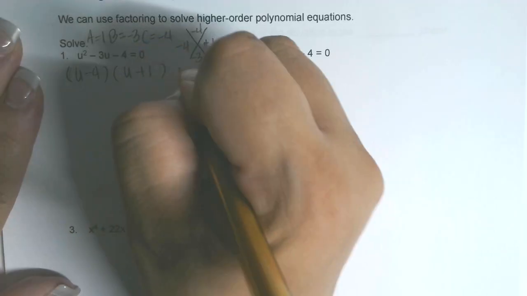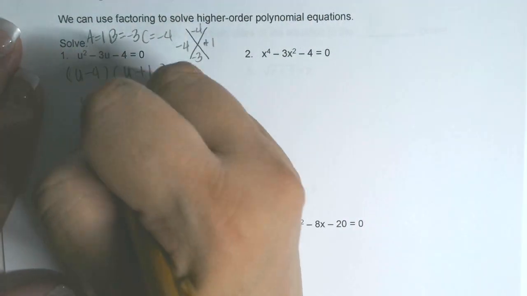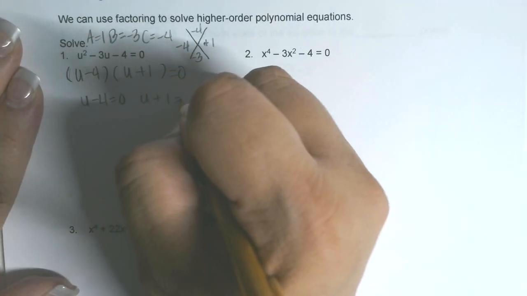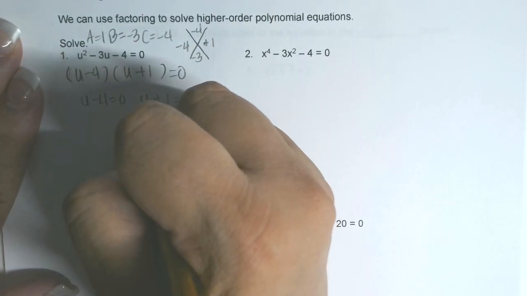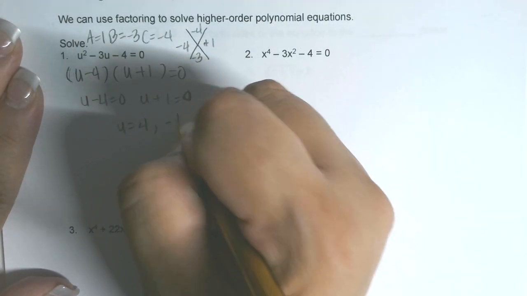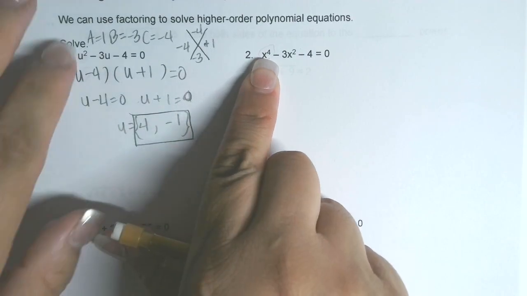u plus 1 equals 0. So u minus 4 equals 0, u plus 1 equals 0, u equals 4, comma, negative 1. In this case, we have u to the 4th.